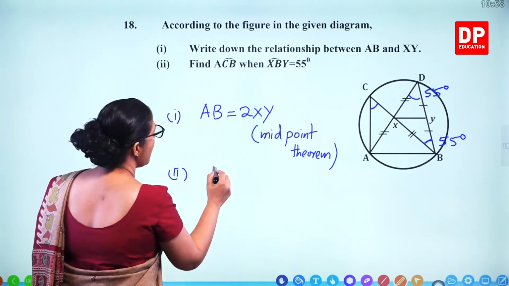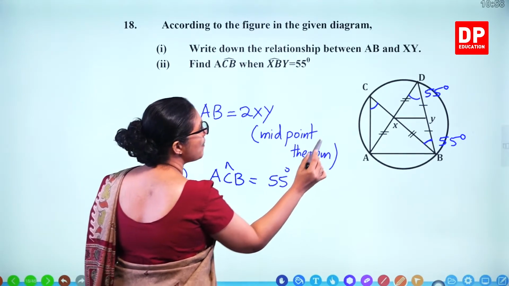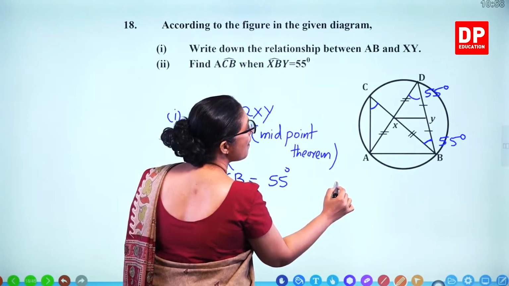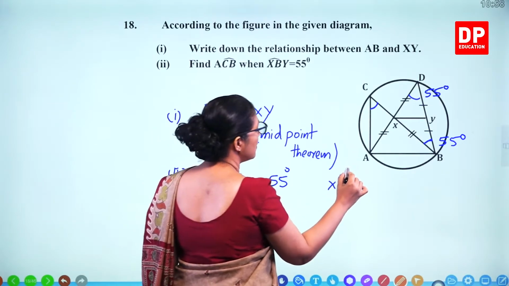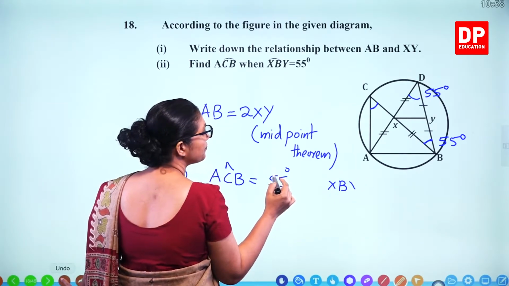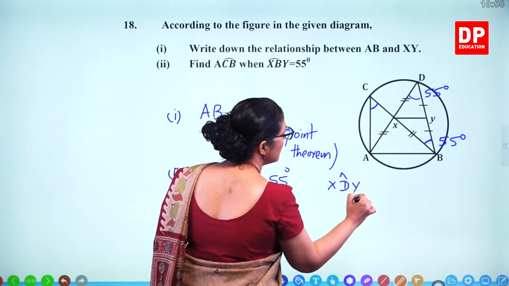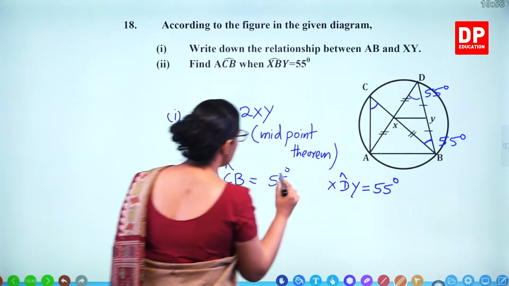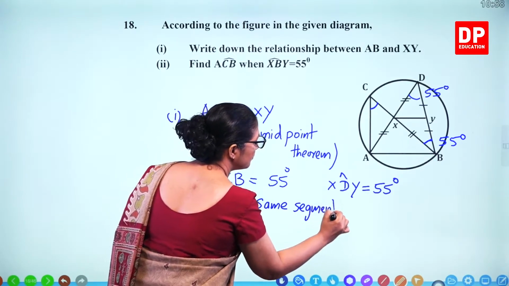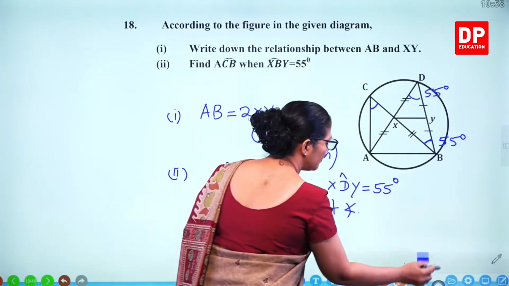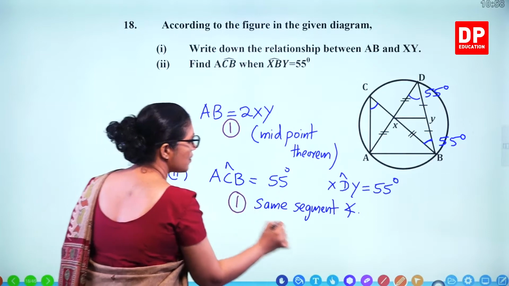So we can write ACB angle is 55 because XDY angle is 55. So same segment angles. Two marks for that. 1 mark for this, 1 mark for the second part.